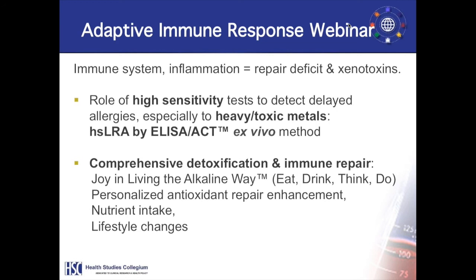So we want high sensitivity tests to detect delayed allergies, especially to small molecules like heavy or toxic metals, and here the HS-LRA by ELISA Act, lymphocyte response assay by ELISA Act method, an ex vivo measurement, measuring what happens in the body just as it happens in the body, but under controlled laboratory conditions, where we have less than 3% variance on split samples, really reproducible.